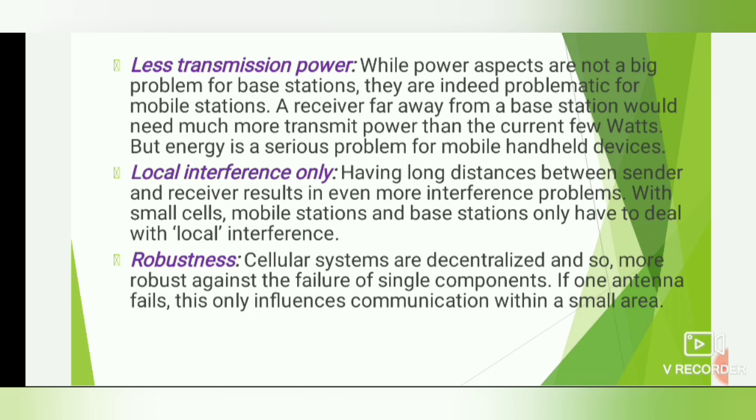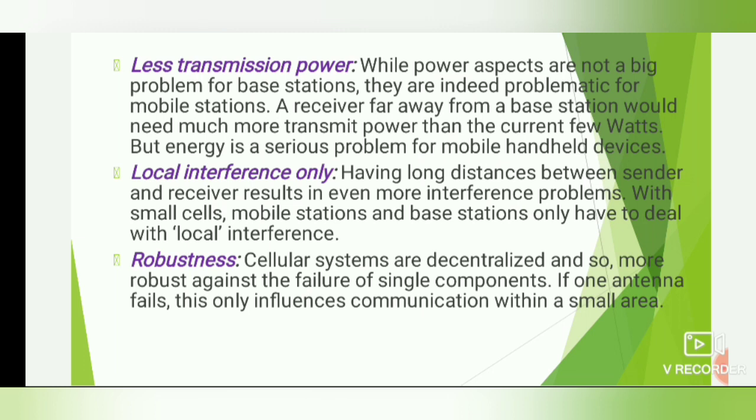Then local interference only. Having a long distance between the sender and the receiver results in even more interference problems. With small cells, the mobile station and the base station only have to deal with local interference. Then robustness. Cellular systems are decentralized and so more robust against the failure of single components.